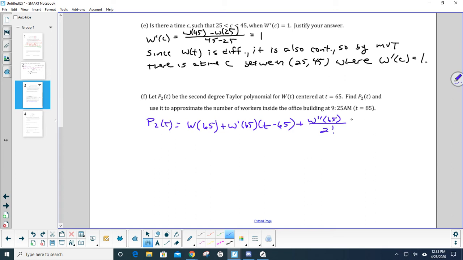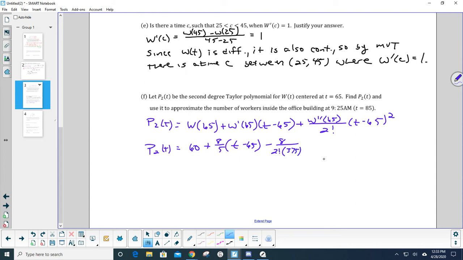Okay. So then if we go to work this out, we already know W sub 65 is 60. Plus, we already know that's 8/5 from up top. Oh, I got it wrong because my answer in part A was wrong. Okay, now here's the thing. Yeah, that kind of makes sense.